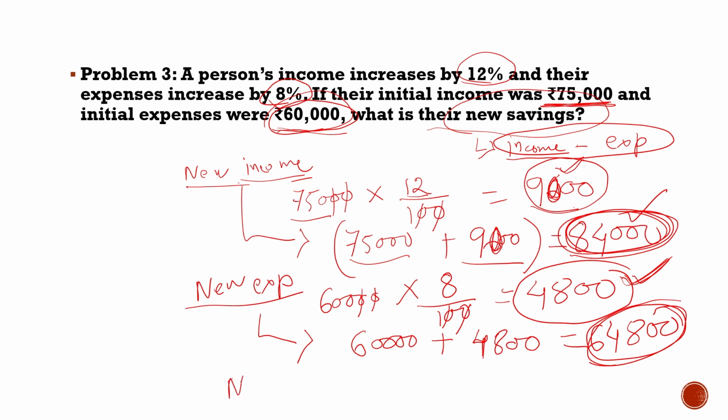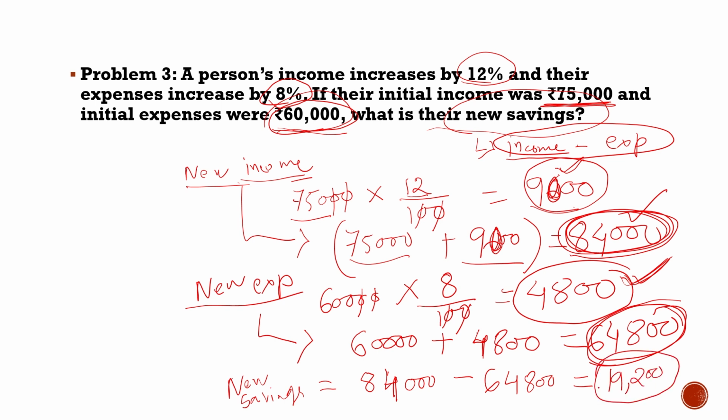My new savings will be 84000, which is now my new income, minus new expenditure, that is 64800, which will give me 19,000. If you subtract this and calculate the value, it will give you 19,200. So that is my new savings level.